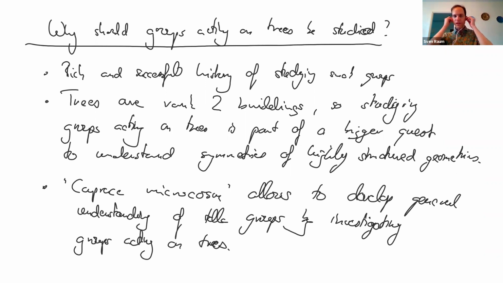So the philosophy is simply that the class of groups acting on trees is rich enough to reflect major aspects of a general theory.